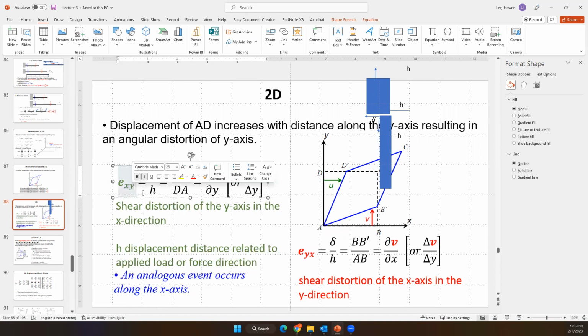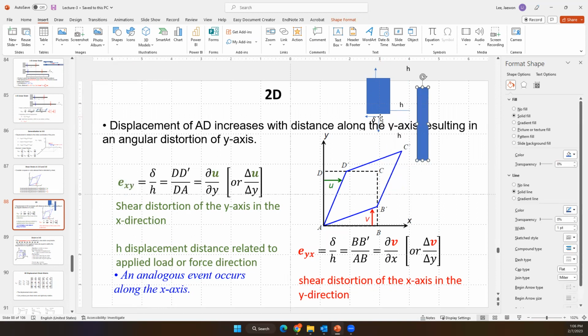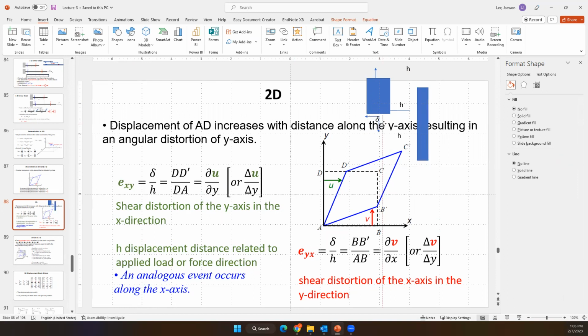It means the y direction change. Since we apply the y direction force, we consider this direction displacement is h. Do you understand?